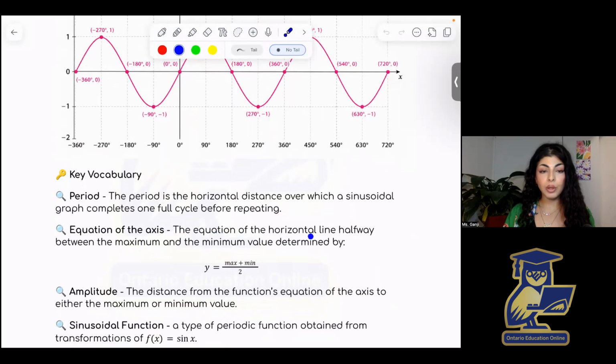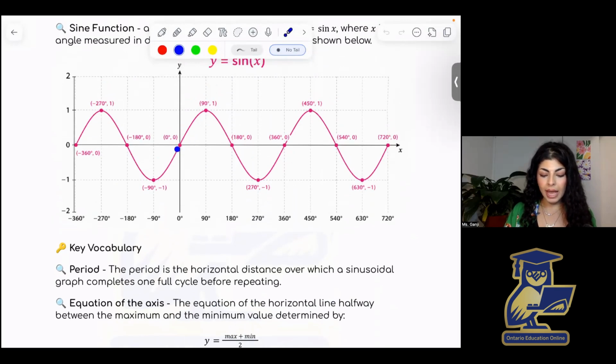This is the equation of the horizontal line which is halfway between the maximum and the minimum value. Of course, it's the average of the maximum and minimum. So in this case, looking at just this one cycle, and let me highlight this for us here, we're looking at this cycle here.